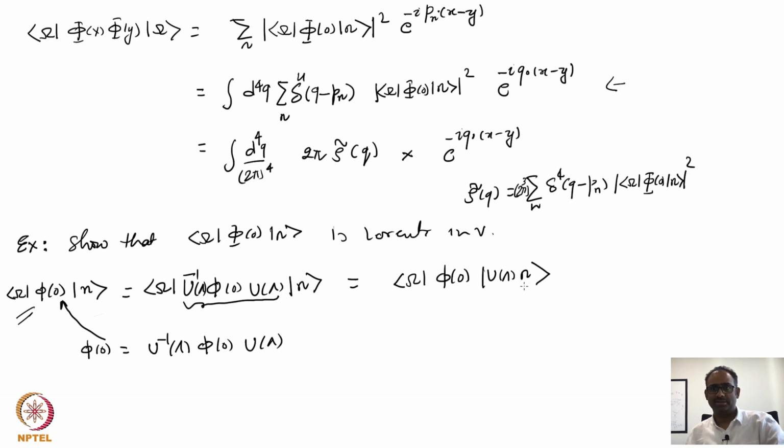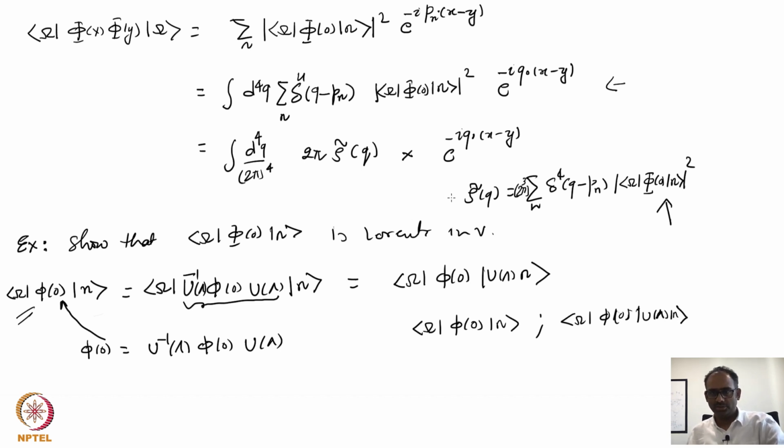So, this number is not changing under Lorentz transformations. All I am saying is, if you look at this object and if you look at this object, they have the same values. So, this is also a Lorentz invariant object.